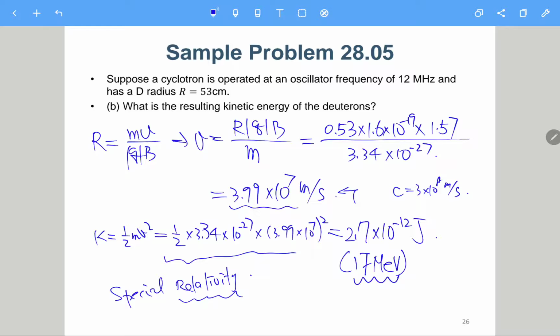If we still use classical mechanics, then the value we get will be quite inaccurate as the speed of the particle gets faster and faster. If the speed is quite low, then using classical mechanics would be good enough. But for this kind of speed, more than 1/10 of the speed of light, this kind of calculation might not be accurate enough.